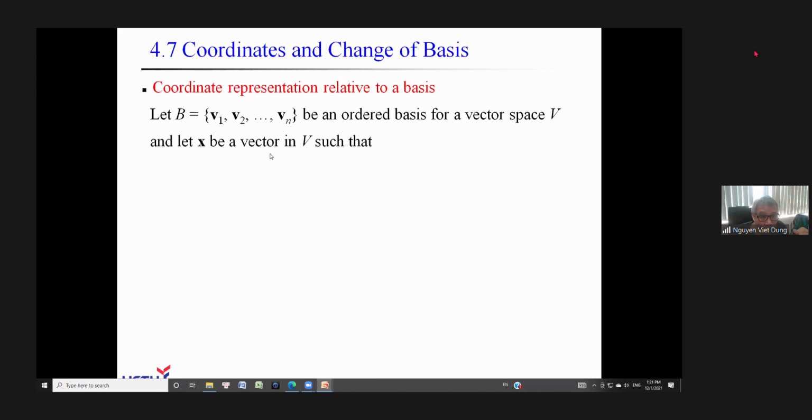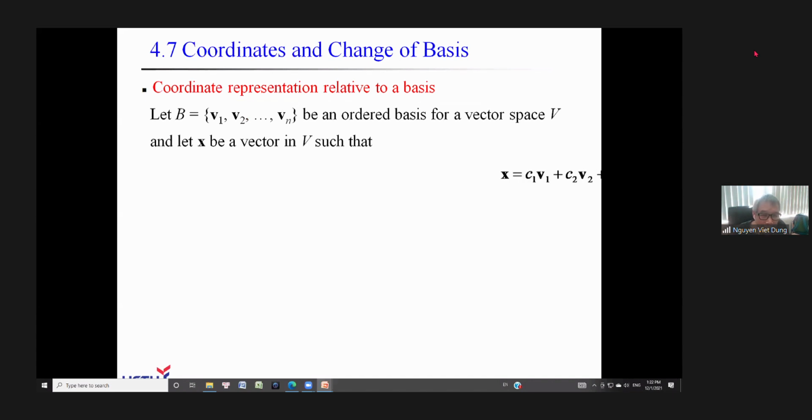Now, suppose that B, consisting of V1, V2, Vn, is a basis for a vector space V, and X is a vector inside the space V. Then, as we know, B must be linearly independent and B must be a generating set.